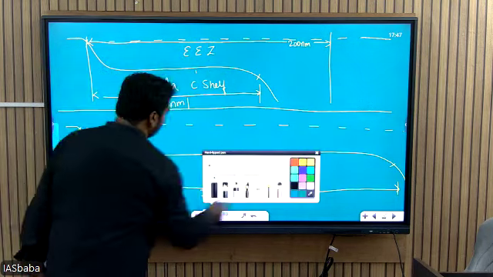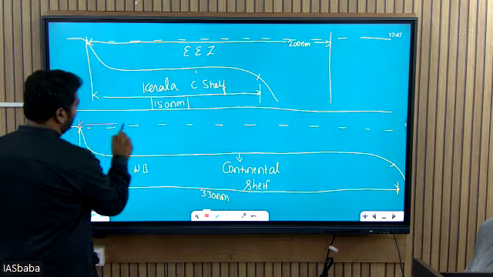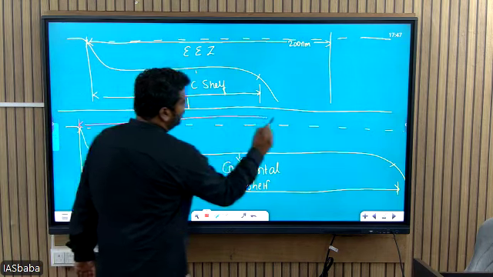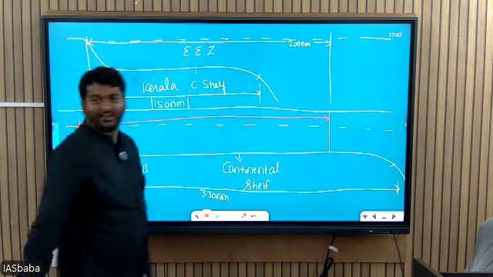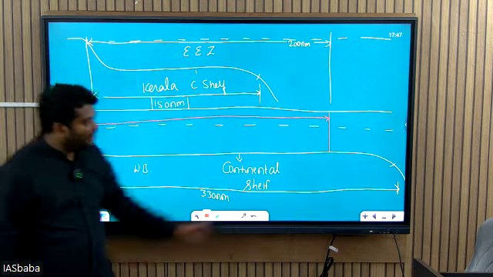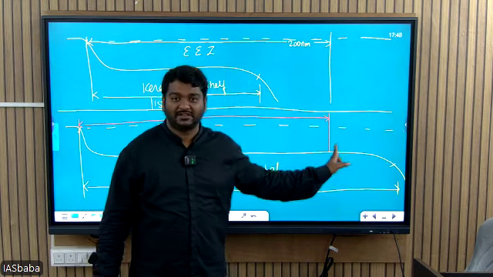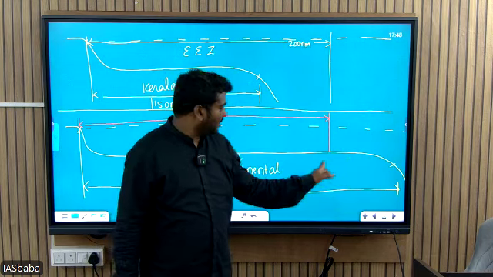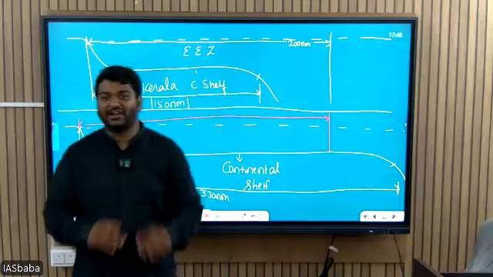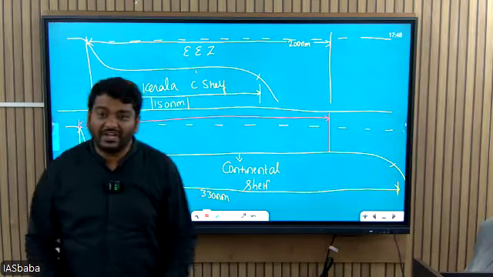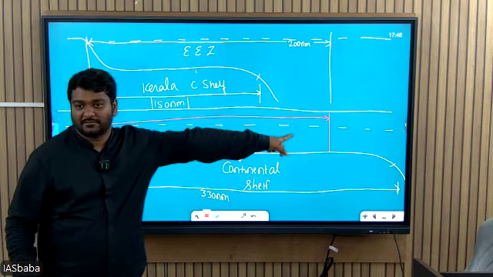Now what happened, you see, in West Bengal also, if I tell 200 is yours, then this much will be part of India. But in this area also, oil and natural gas is there. Can you see additional area is there? That area also has oil and natural gas. So India says, I want that also.